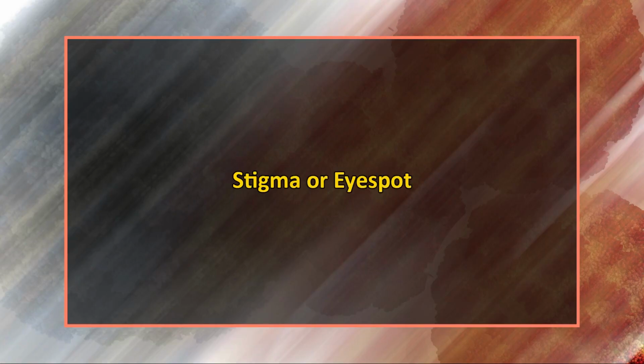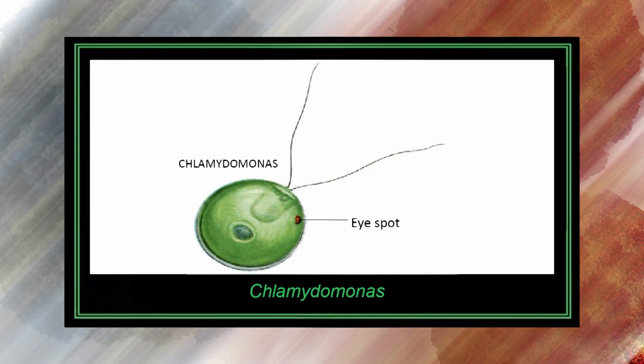Now, stigma or eye spot. The anterior side of the chloroplast possesses a tiny region with orange or reddish color called stigma or eye spot.